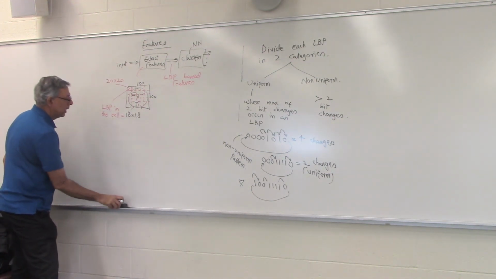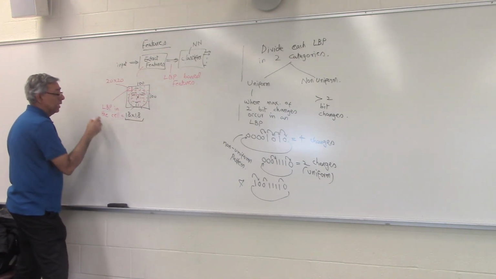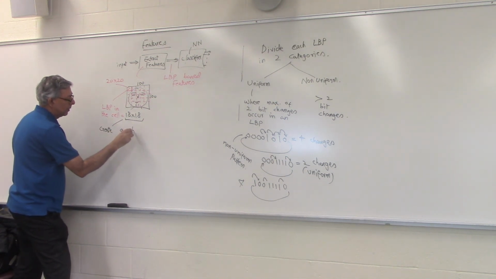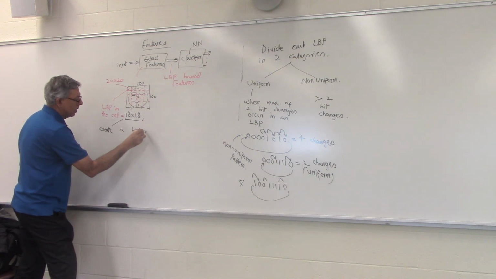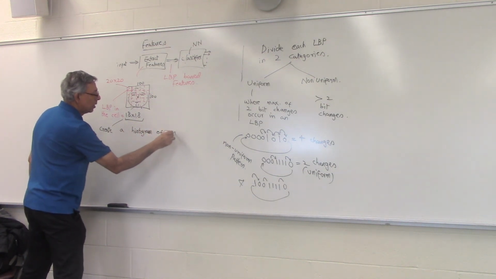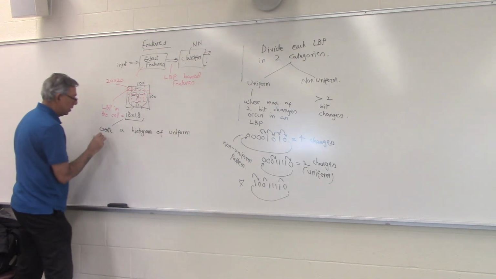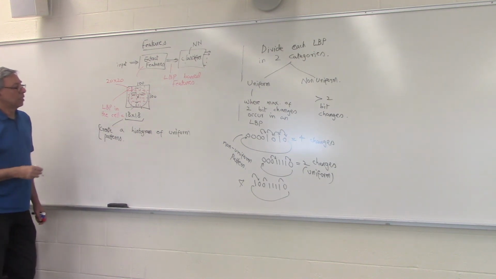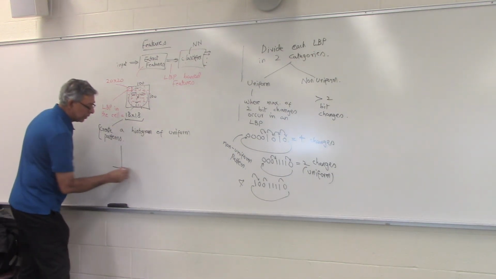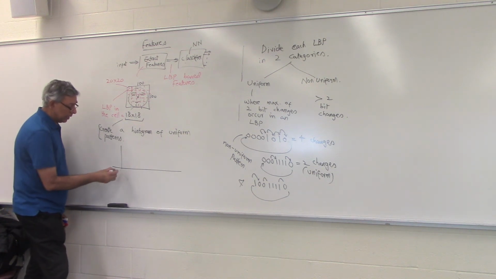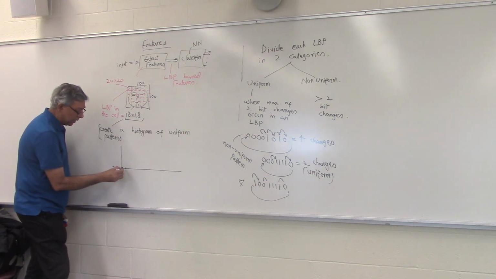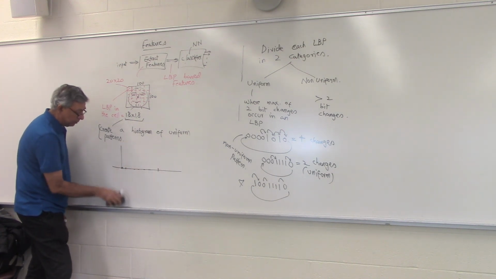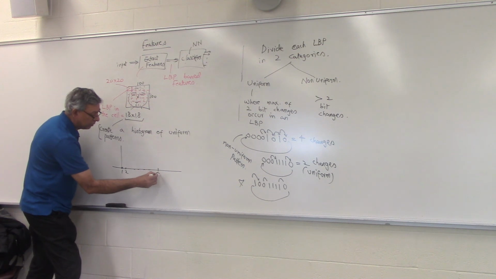Okay, so then what we do is, out of these 18 by 18 LBP numbers, we create a histogram. Remember a histogram is just a count, a frequency count. So here pattern 0, pattern 1, or let me just go 1 through 58.